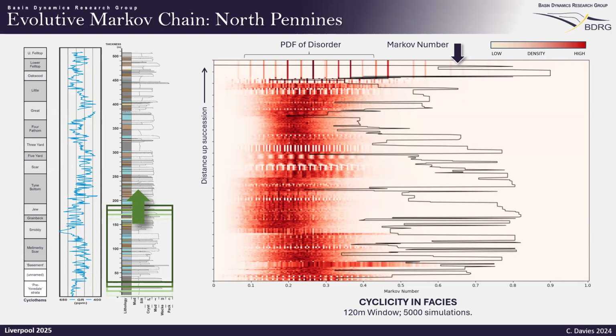Well, the key point is that the numbers you get out for the Markov number overlap with the answers you get from just randomizing it. Now, you could argue that if they're not developing full cycles, you haven't got quite as many facies to work with, so it's easier to overlap with the randomness. True.